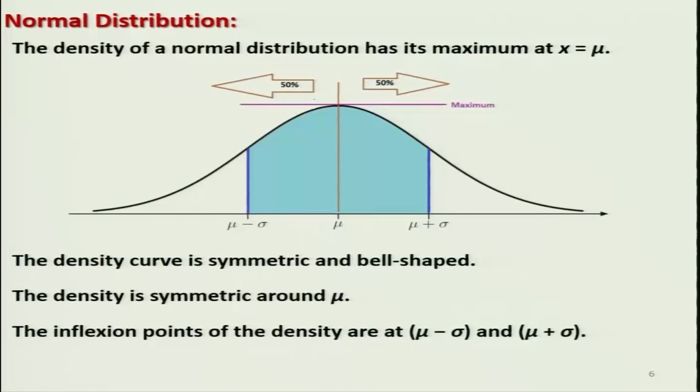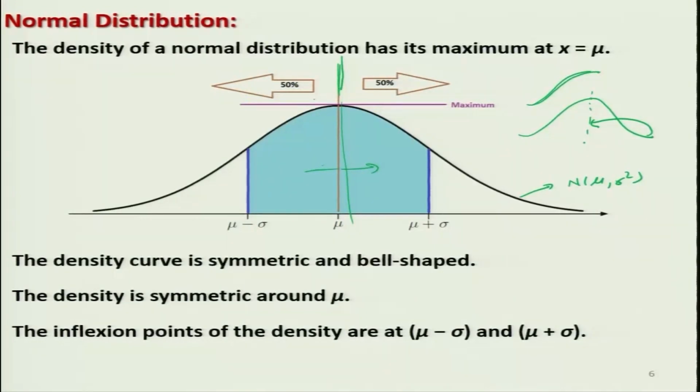Okay. Now we try to understand what this mu and sigma indicate. If you plot the PDF of normal(mu, sigma square), it will look like this, what is given here by this black line. In this case you can see that the curve is symmetric around this line, that is, this part and this part of the curve are symmetric. That means if you take this curve, cut it here and fold it, both sides will overlap each other.